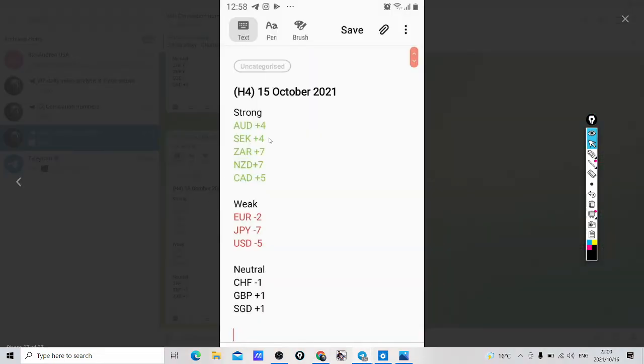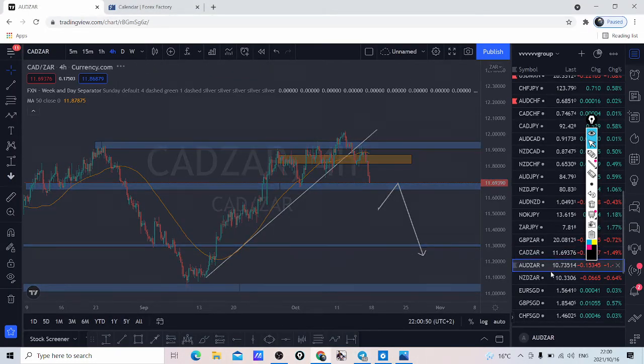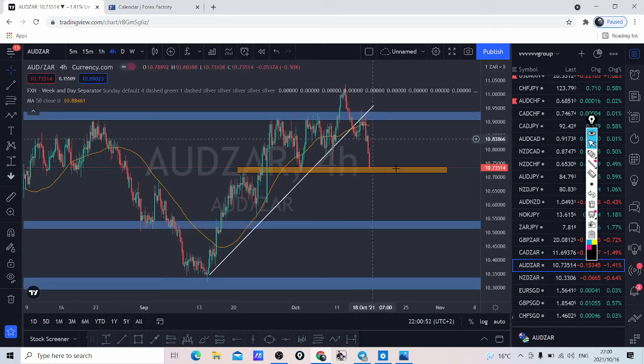CAD has been going up for more than 3 weeks now, so it's time for it to drop back to the neutral currencies. Same thing here. We might see a breakout coming back here, bearish engulfing, enter with your stop loss, and then TP here.